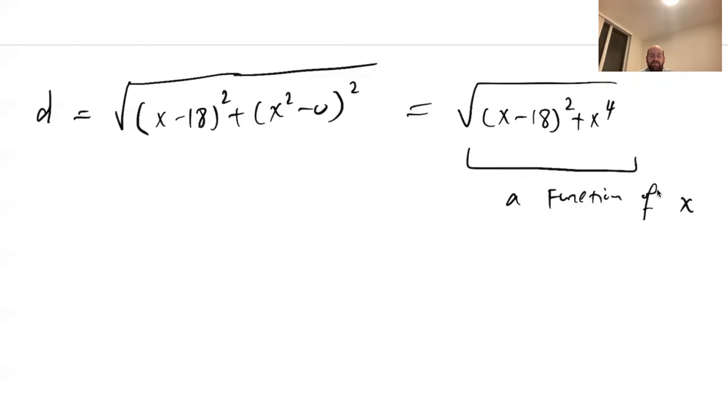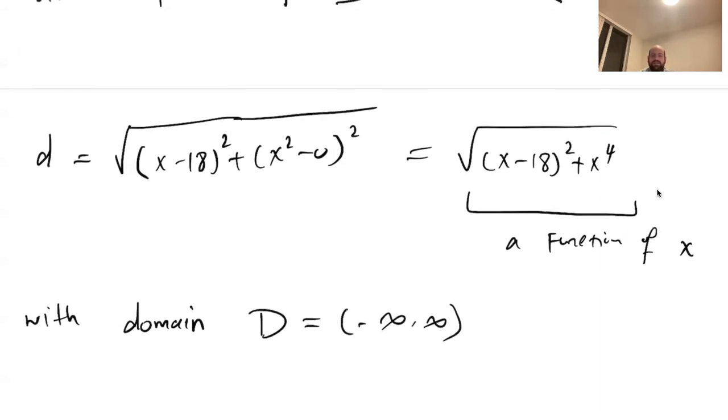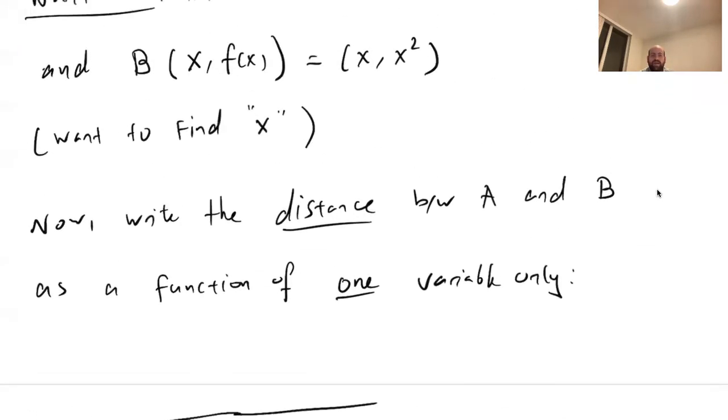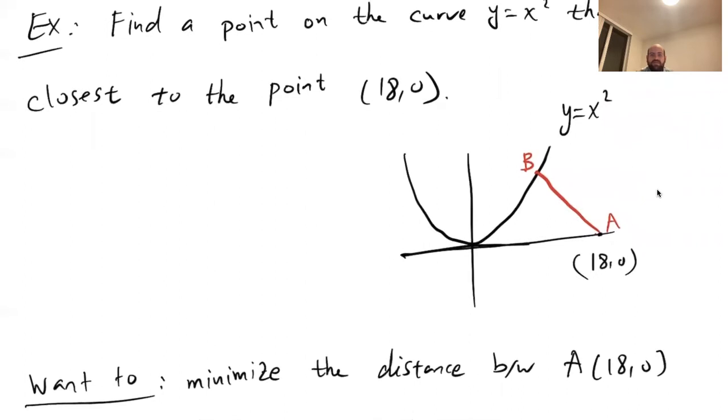And before that, we have to also determine the domain of this function. What is the domain of this function? Domain will be D equals minus infinity to infinity. Domain means x should come from what set? Well, x can be any number between minus infinity and infinity, because the point can move along this curve, right?